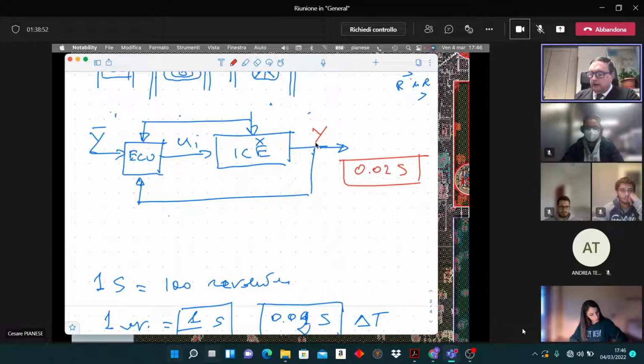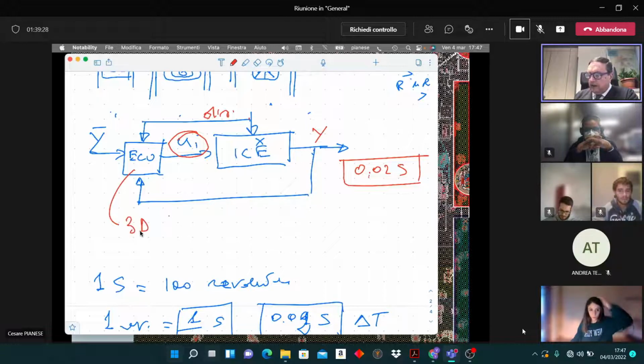This is your target here, and then you measure the disturbance, and then you must be able to compute the control variables to be applied at the beginning of the next cycle. So do you understand that it is not possible to use, for example, a model-based control with the 3D Navier-Stokes system of equations?